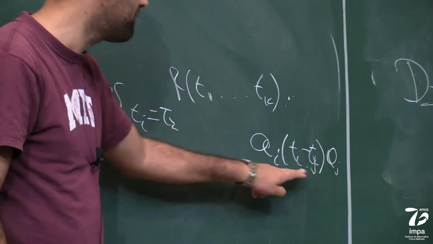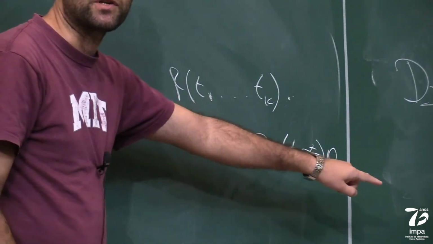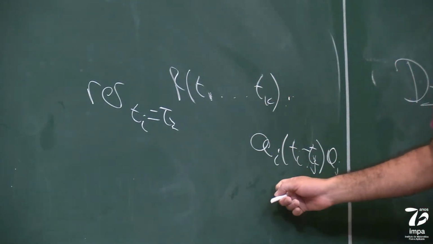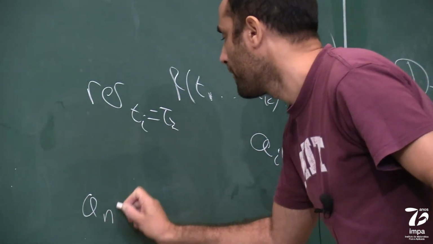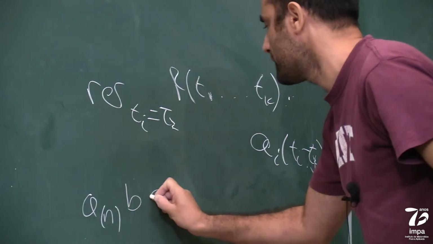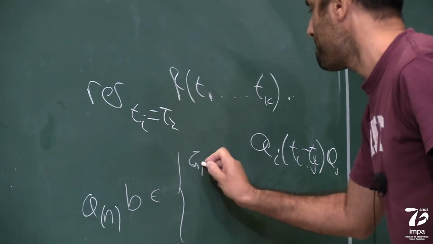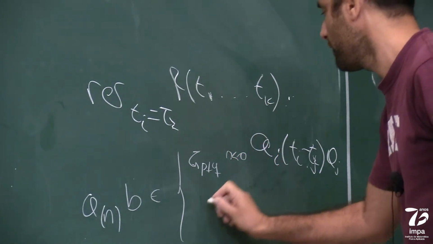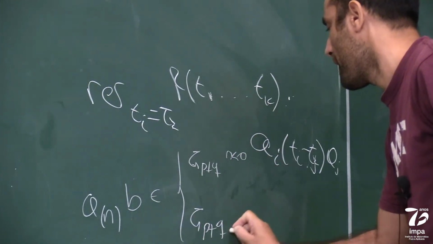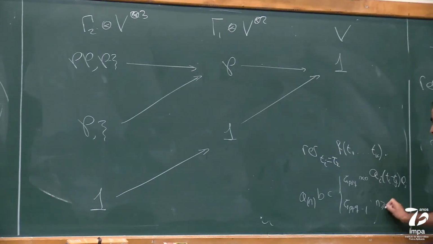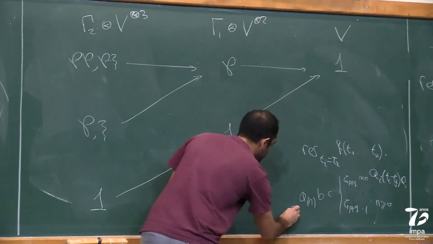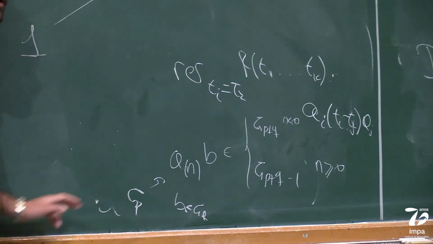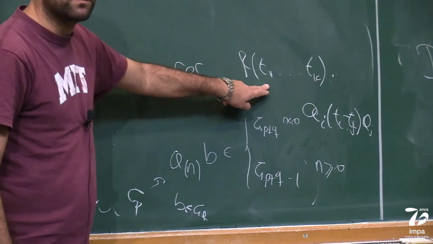But if I take a positive power here, it goes deeper in the filtration. Remember, that was the basic property of the filtration in V, that A_(n)B is in G_{P+Q} if n is negative, or G_{P+Q-1} if n is non-negative, where A is in G_P and B is in G_Q. So the point of this is that when I take a residue, there's 2 things that can happen.